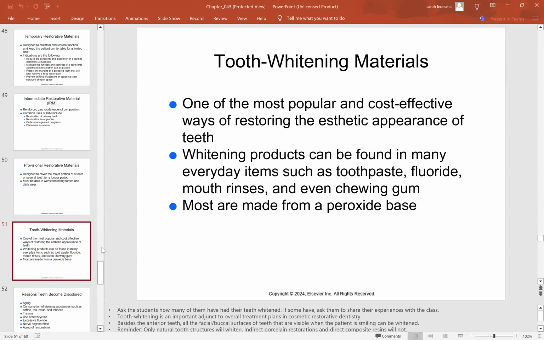One of the most popular and cost-effective ways of restoring the aesthetic appearance of teeth is going to be tooth whitening materials. Whitening products can be found in many everyday items like toothpaste, fluoride rinses, and also chewing gum, and most have a peroxide base.